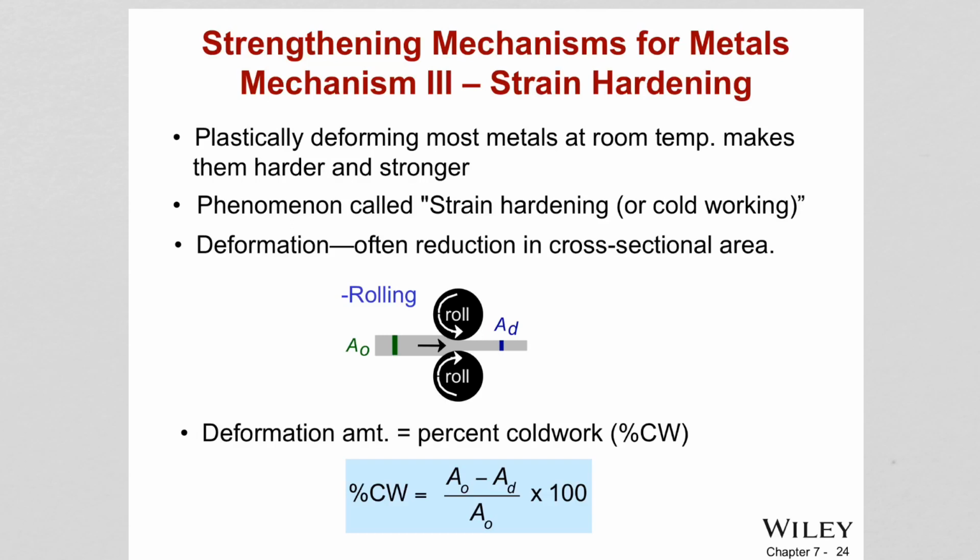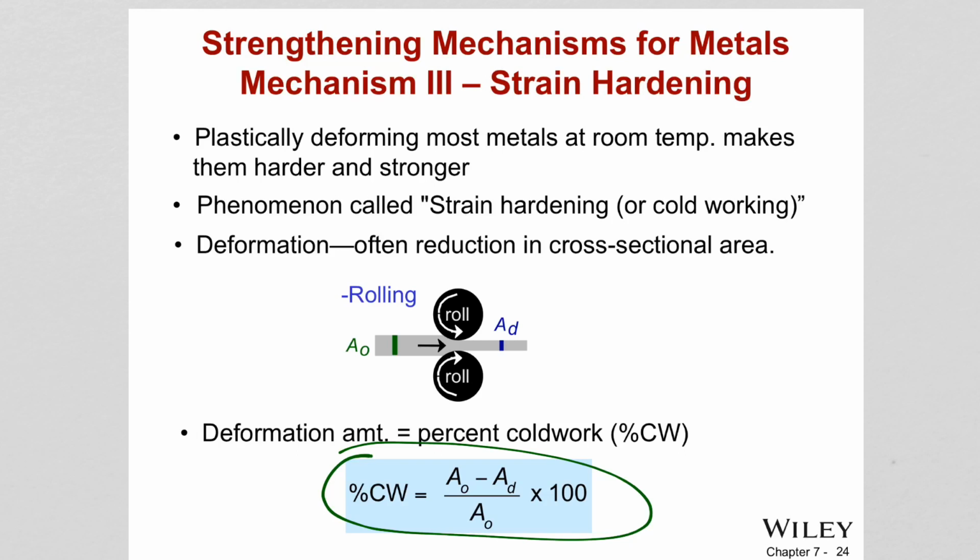Of course, you can calculate the percent amount of cold work, the deformation, from the reduction of the cross-sectional area, which is basically the percent amount of cold work the material is exposed to: (A0 minus Ad) over A0.